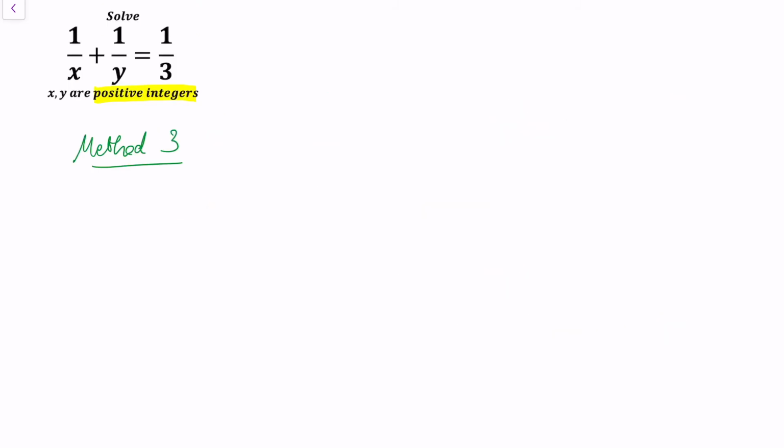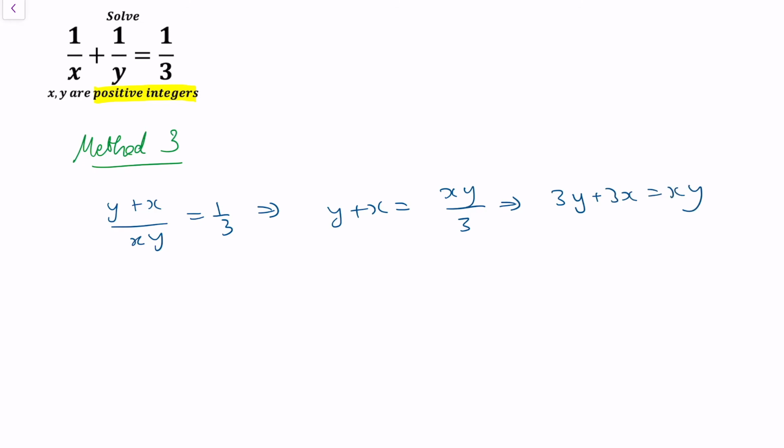Okay, so method 3 would be simply looking at the equation and doing a cross multiplication. So we have y plus x over xy is equal to 1 over 3. That implies y plus x is equal to xy over 3. So 3y plus 3x is equal to xy. If you bring everything on one side, we have xy minus 3x minus 3y is equal to 0.